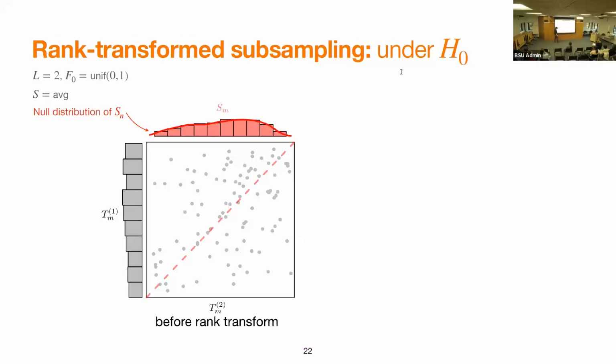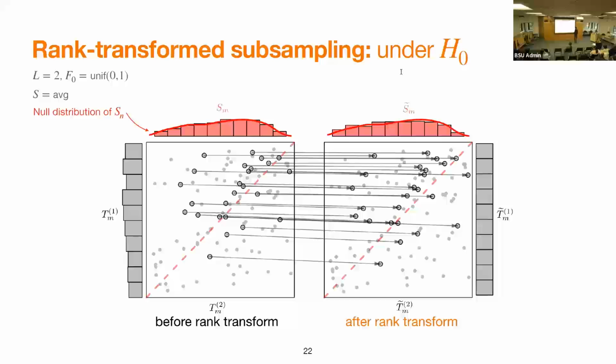What I'm showing here is the subsampling matrix even before the rank transform. Okay, so what is the rank transform doing? If I apply the rank transform, then this is what I show on the right. You can see the rank transform barely changes the position of the points. So basically, after rank transform, the aggregated statistic's subsampling histogram is still a good approximation of the null distribution function of the aggregated statistic.